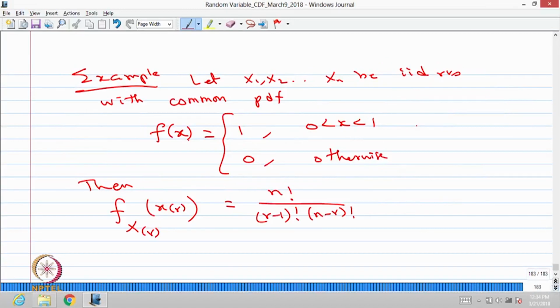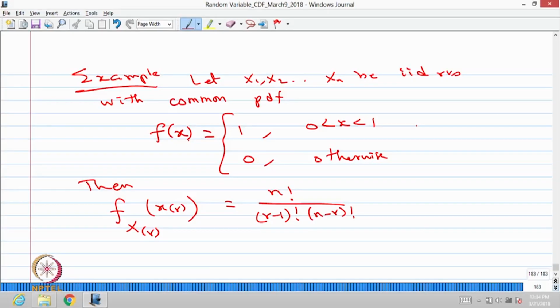If you see this example, you can make out the distribution of xi is a uniform distribution between the interval 0 to 1, so you can get the CDF easily.